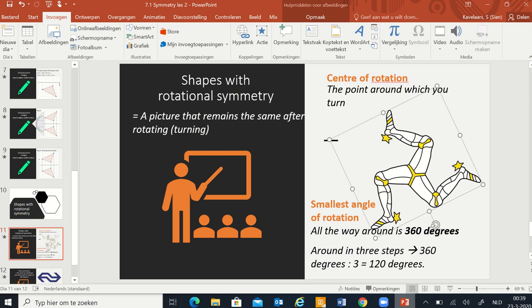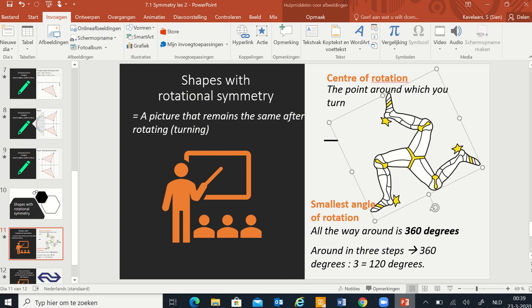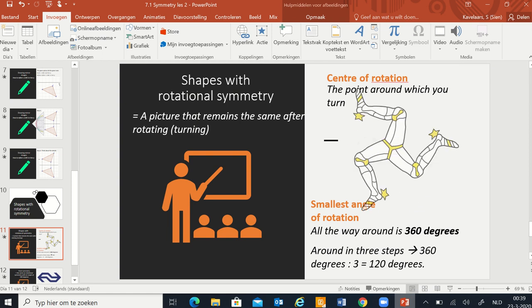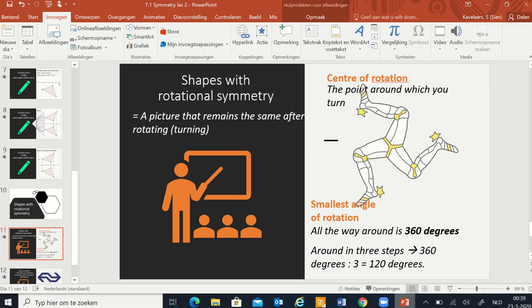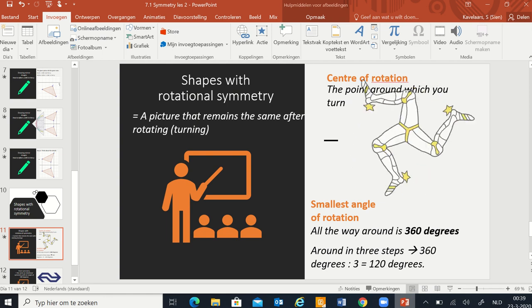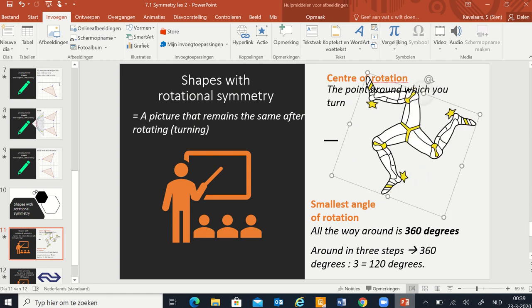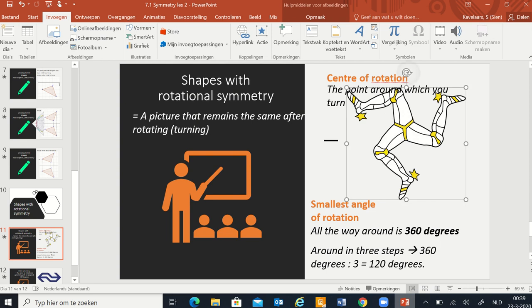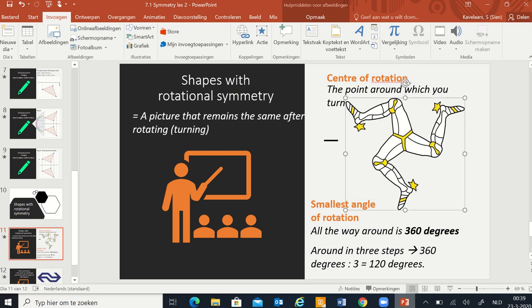And it still seems the same. I can turn it again. And still the picture is the same. And lastly, I turn it back to its normal place. And it just stays the same. So I can turn it 3 times and each time I turn it by 120 degrees.